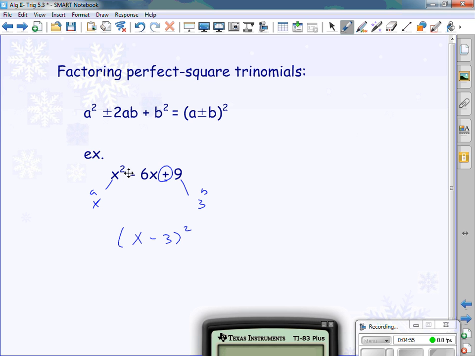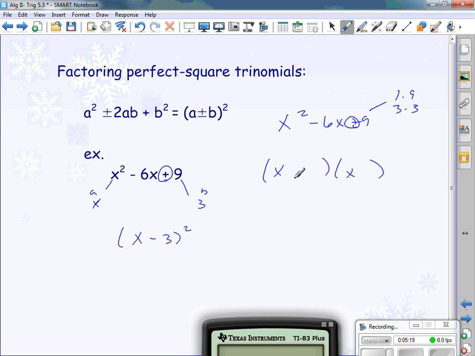You did something like it last night on homework. This is the way you did it. x squared minus 6x plus 9. You did the factors of 9. 1 and 9, 3 and 3. This told me the signs are the same. Only way I can get an x squared is an x and an x. Signs are the same.